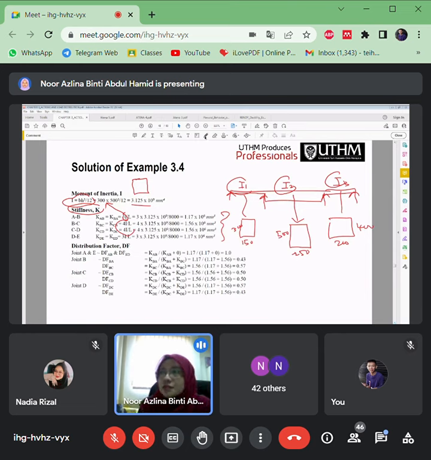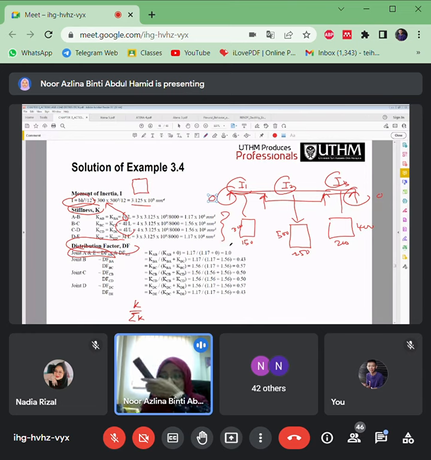Then from the stiffness, you can calculate the distribution factor. Remember, the distribution factor is K divided by the total stiffness of its side by side. At joint A and E, for the last one here, there's no stiffness on one side, so it is equal to 1.